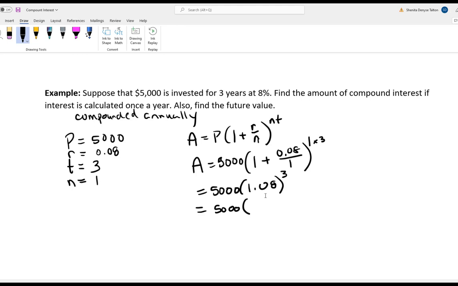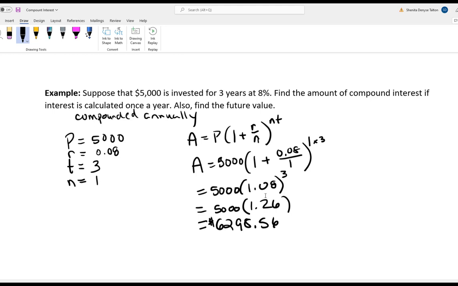My calculator is set to round, but if you get a long number, don't round it. Use the long number. So I get 1.26. Next, I'm going to multiply that with the 5,000. When I multiply it with the 5,000, I get $6,298.56. So this is my future value.